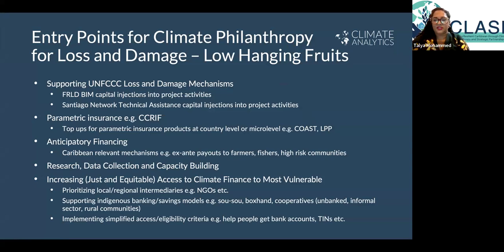But from what you discussed, we had some real practical examples. I specifically love the example of anticipatory financing, because we all live in a time where we've been getting these hurricane alerts and riverine level alerts. And whilst we see the ODPM in Trinidad becoming a little more active in giving out information before an extreme weather event, there's not really information about where you can go and get some sort of support to help you prepare.